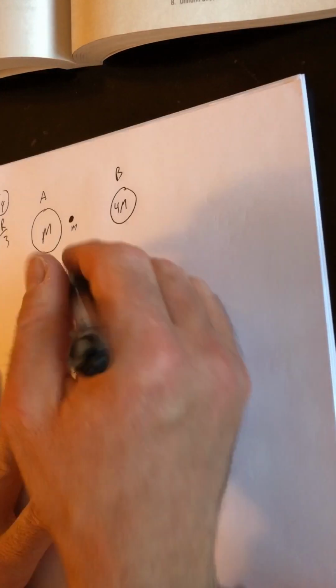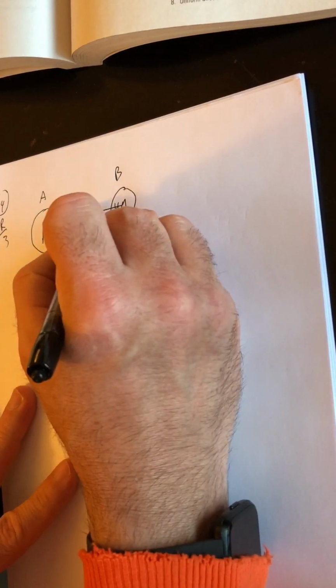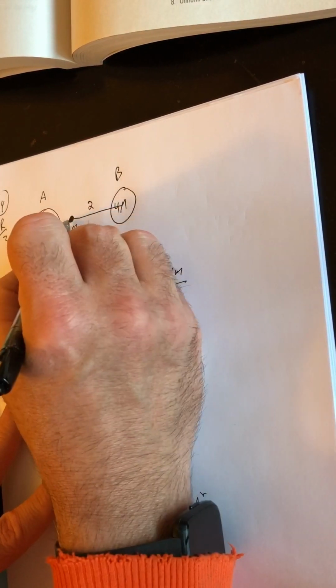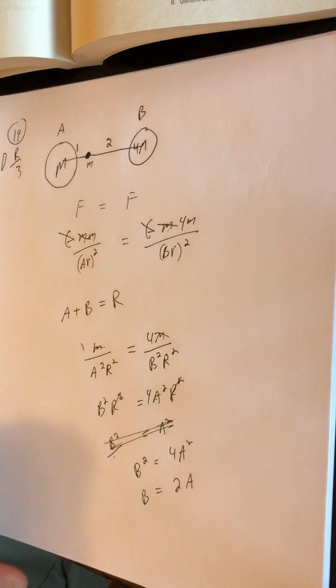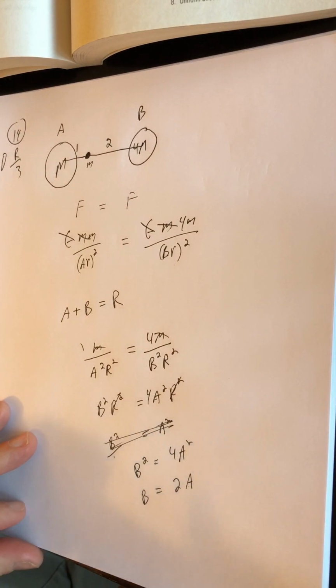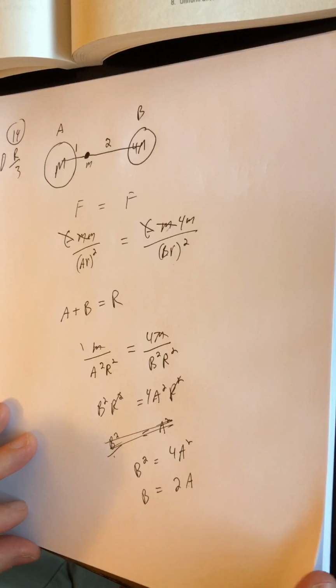Does that make sense? This would have to be 2 and this would have to be 1. So it's going to be 1/3 the distance. I don't want to get too crazy with the algebra, but that's the idea with 14.